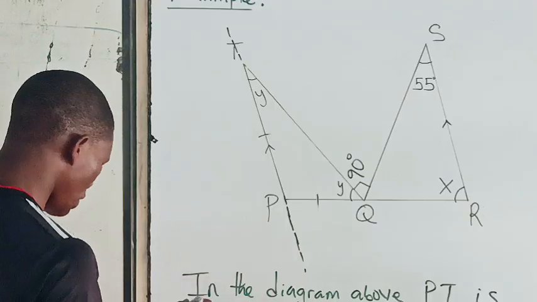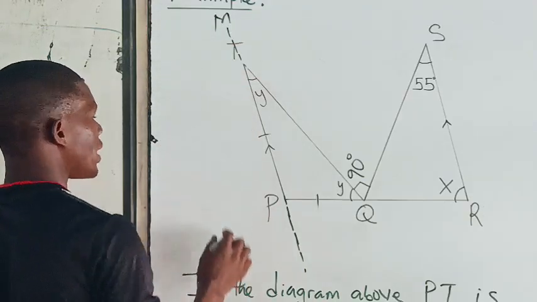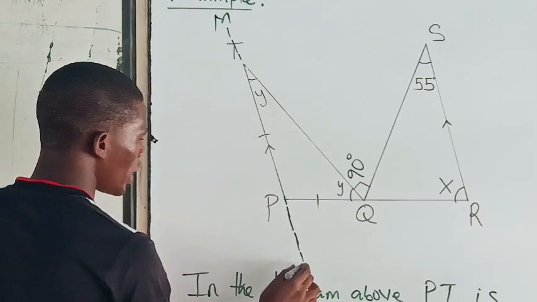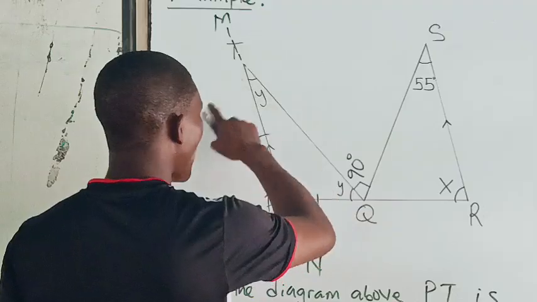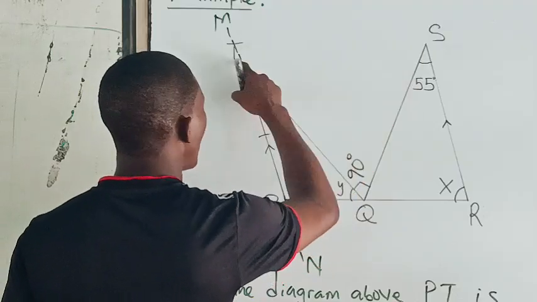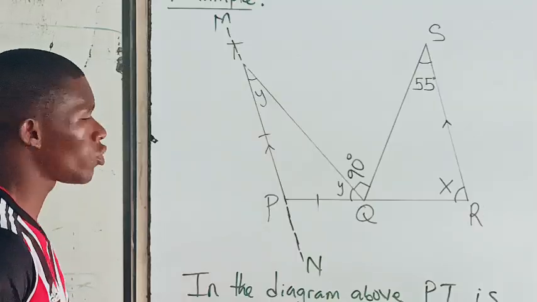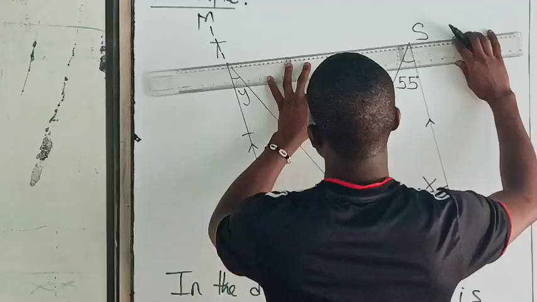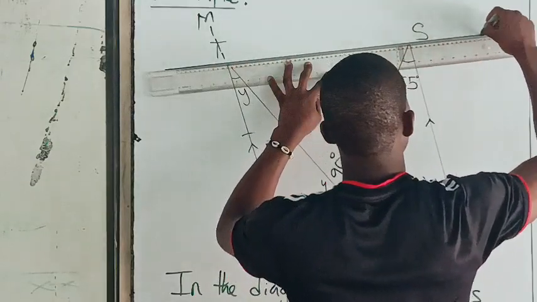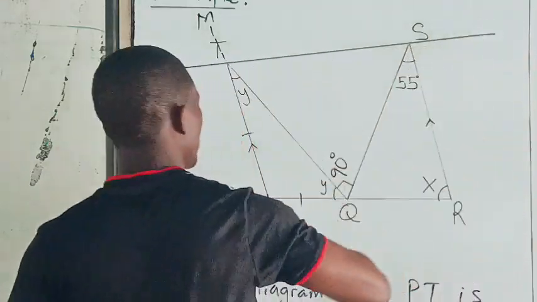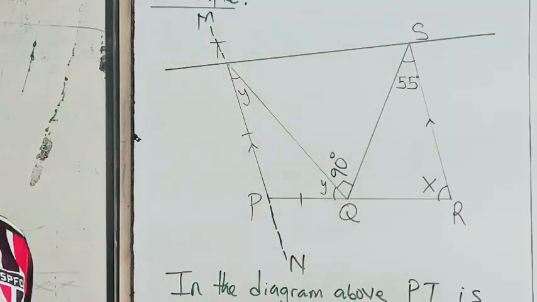I label it MN, so this extends to M and this also extends to N. Then I join this line TS, and extend it using a ruler, so that we have a closed shape.